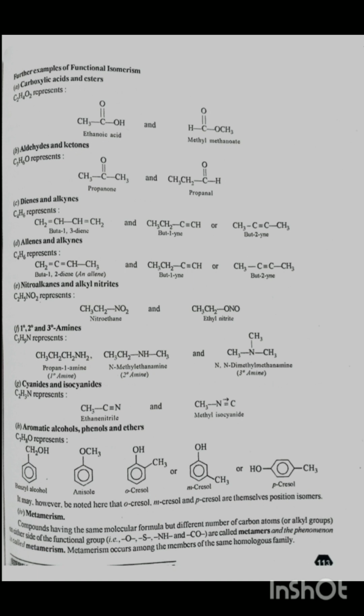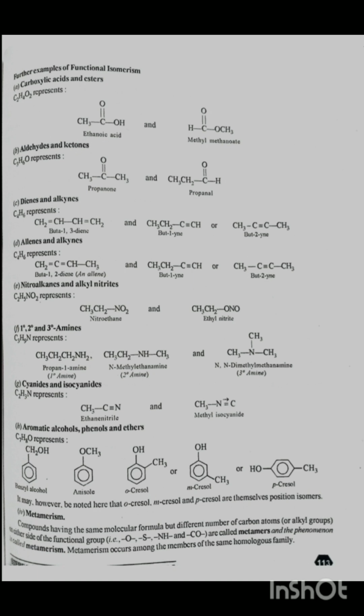H. Aromatic alcohols, phenols and ethers. C7H8O represents benzyl alcohol, anisole, o-cresol, m-cresol, p-cresol, which can be said as orthocresol, metacresol and paracresol. It may, however, be noted that here orthocresol, metacresol and paracresol are themselves position isomers.